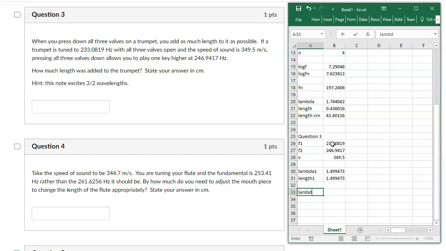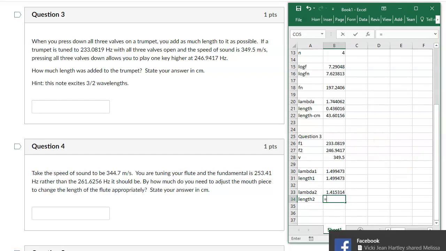The trumpet's a little bit shorter than this. Now, lambda 2, again, we're going to take the wave velocity divided by the frequency. And you look and say, well, this is a little shorter, except that we're now at where length 2 is 3 halves wavelengths.